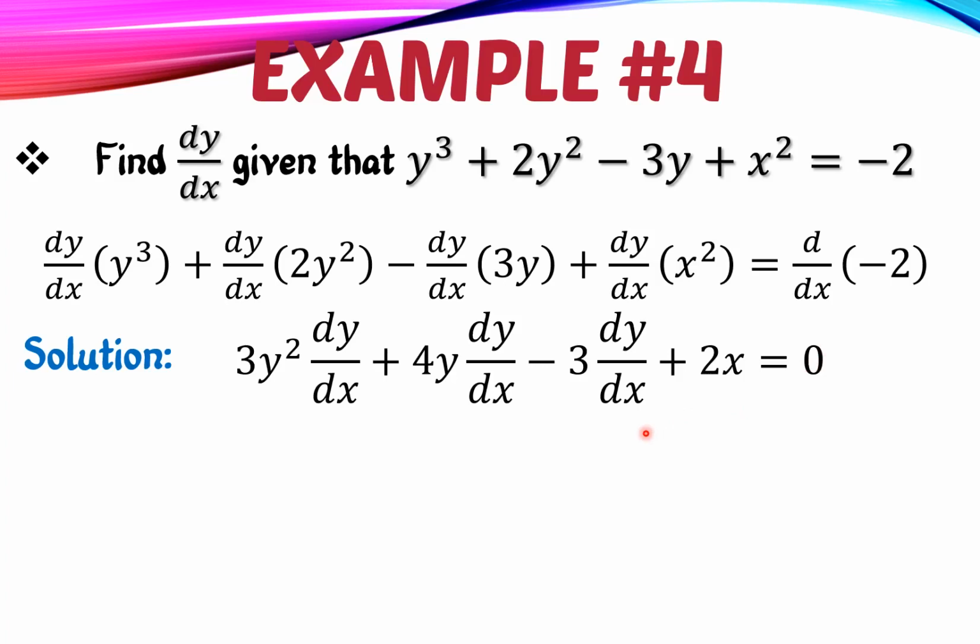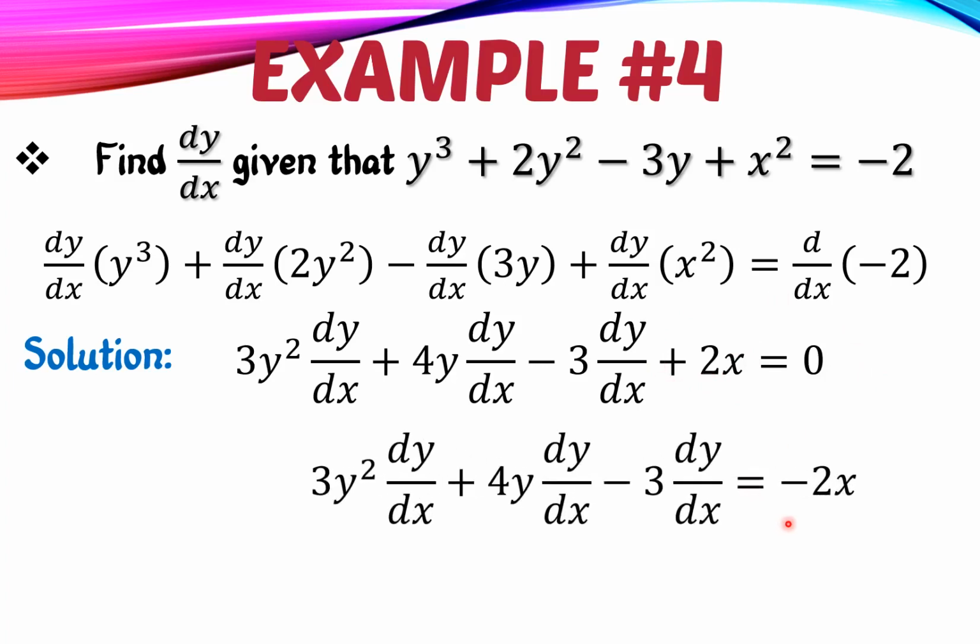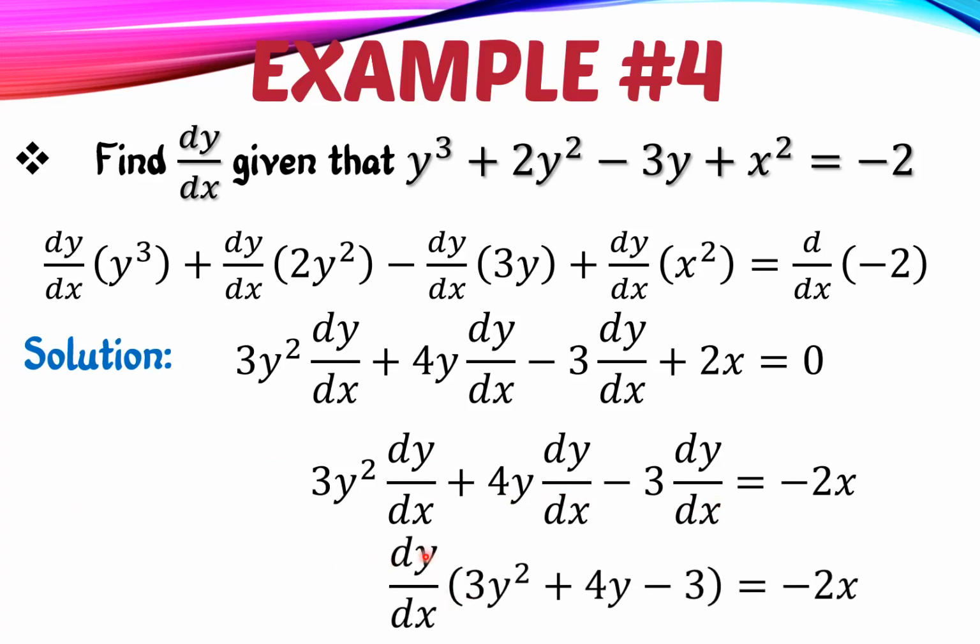And then, second step, solve for dy dx. So these three terms contain the dy dx. So we can isolate this positive 2x on the other side. So that will give us this one equals negative 2x. Since this one contains the dy dx, we can factor out dy dx. So dy dx times the quantity 3y squared plus 4y minus 3 is equal to negative 2x.